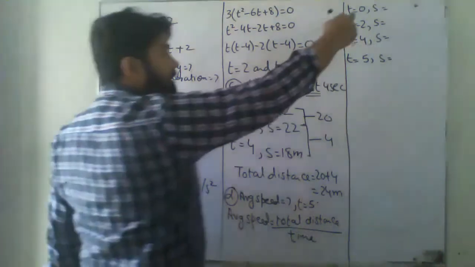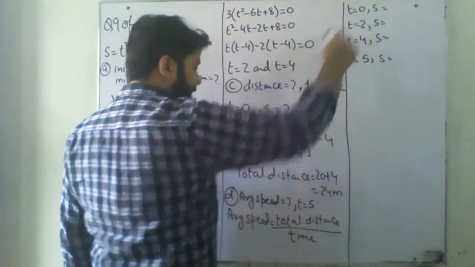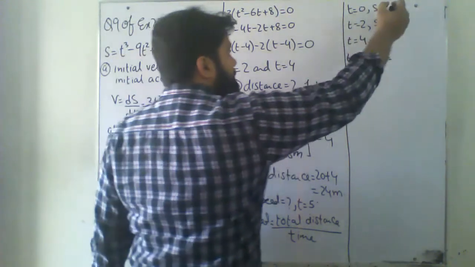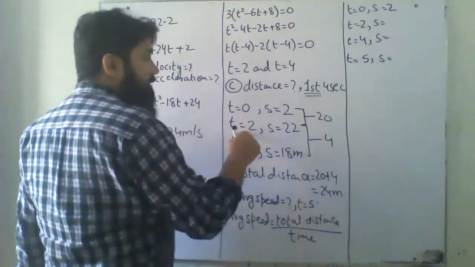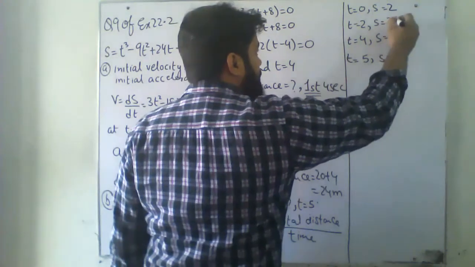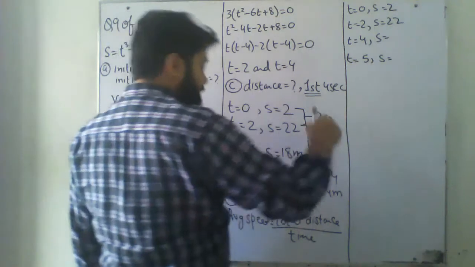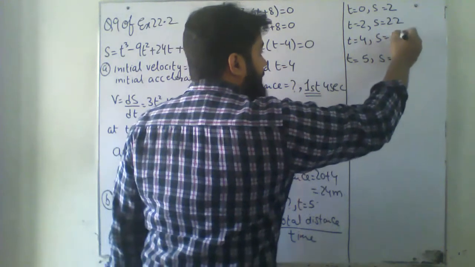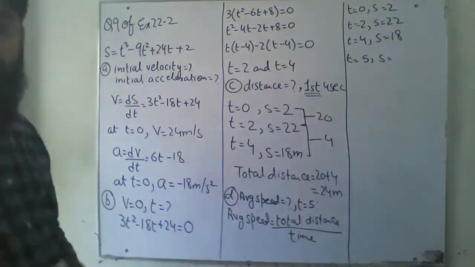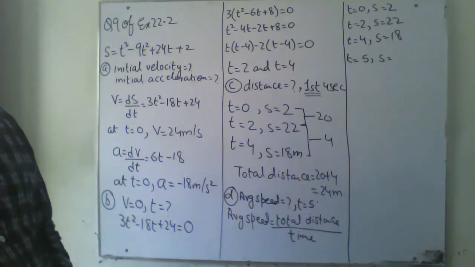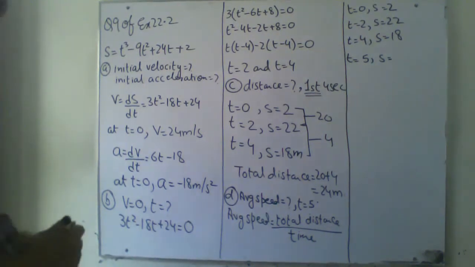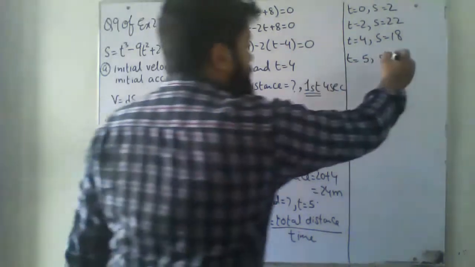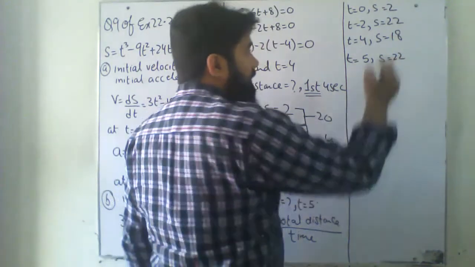Now, I have already got these things. At t equals 0, displacement was coming 2. At t equals 2, displacement was coming 22. At t equals 4, the displacement was coming 18. And at t equals 5, the displacement is coming 22 meter.